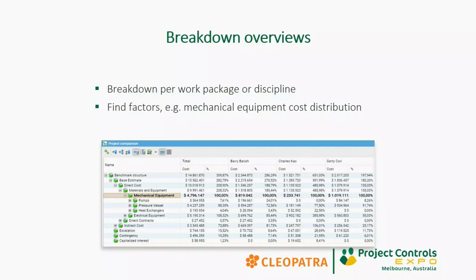So one of the ways that we use that intelligence or that data is to create a breakdown overview, for instance per work package, per discipline, or anything else according to one of your structures.